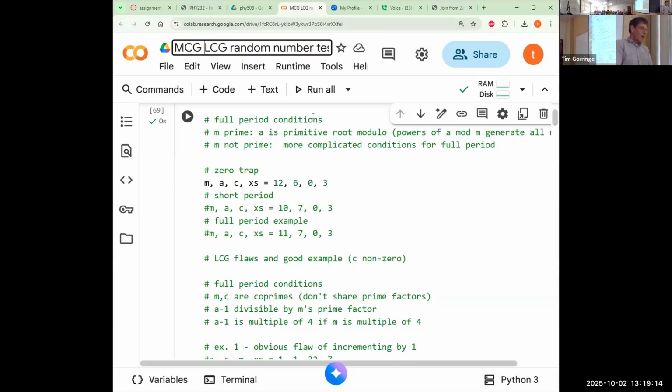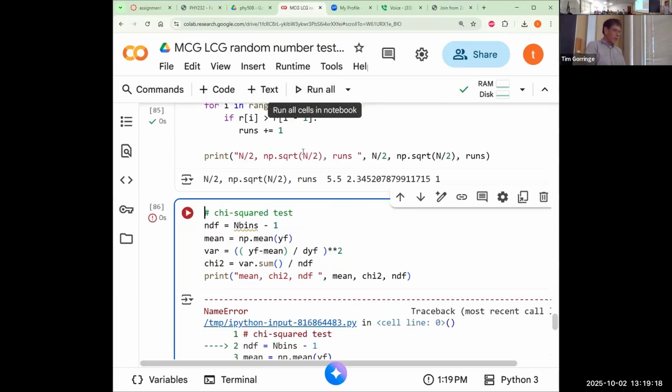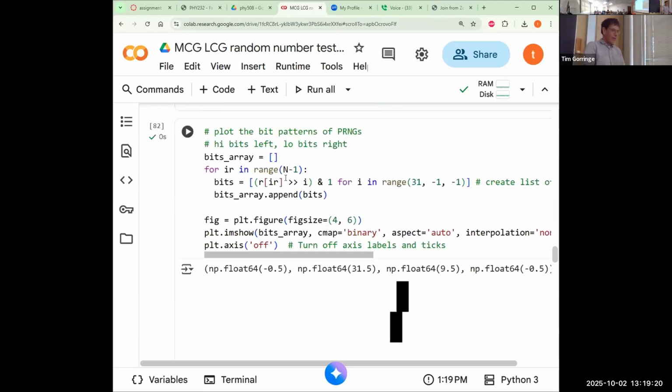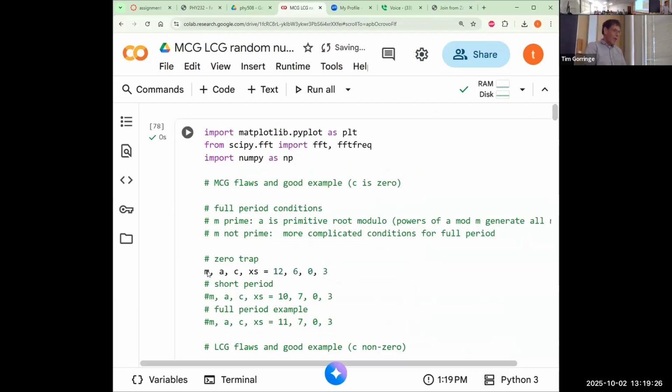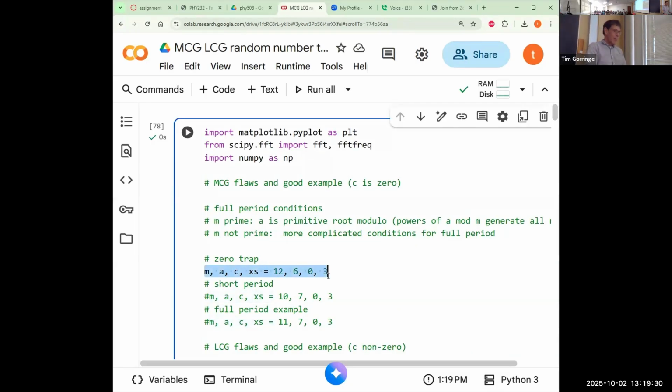When I run, I'm going to run OR for this because there's a bunch of plots below. It's always going to go to an error that I didn't remove. But when I run OR, I'm going to just be setting some parameters of my generator. So this one is modulo 12, it's the clock.